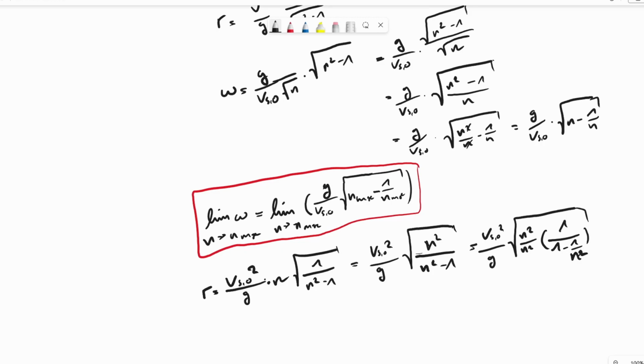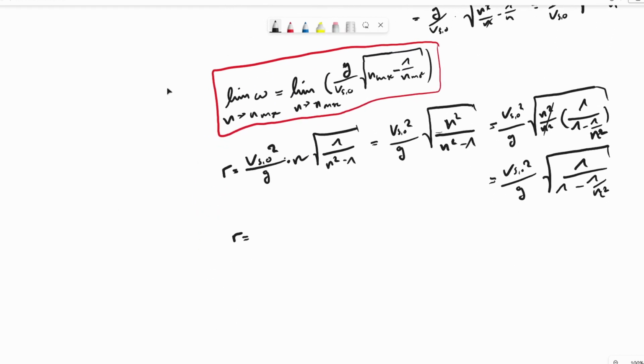So this goes to R is then v s0 squared divided by g times 1 minus 1 over n squared. The reason why we've done this: if we were to plug in infinity here, we would end up at this 0, and if we were to put a 1 here, we would get the results that we had earlier. So that's nice.